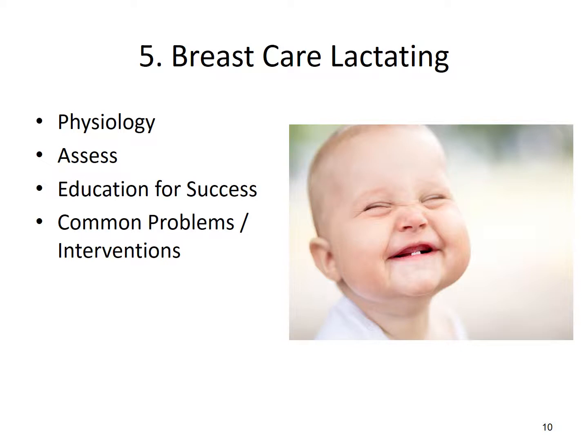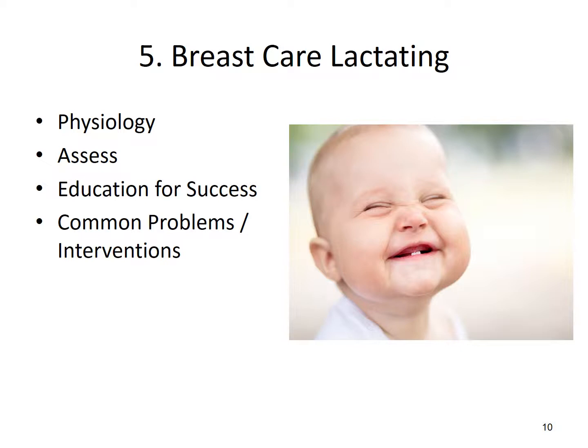There are some common problems and interventions associated with breastfeeding. Our assessment should include inspecting the areola tissue for trauma, which is usually due to poor breastfeeding positioning. Colostrum is present initially, which is commonly referred to as foremilk, and is pale yellow in color. About day 3 or so, white milk or hind milk comes in.